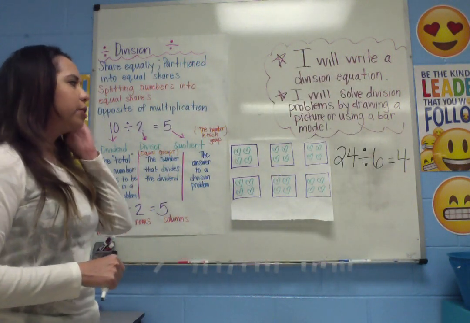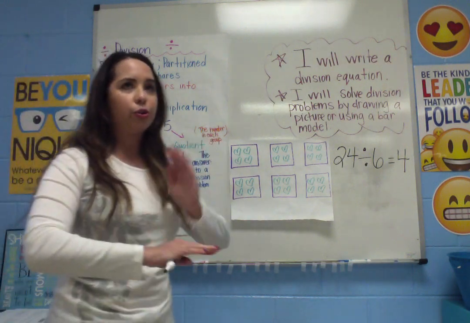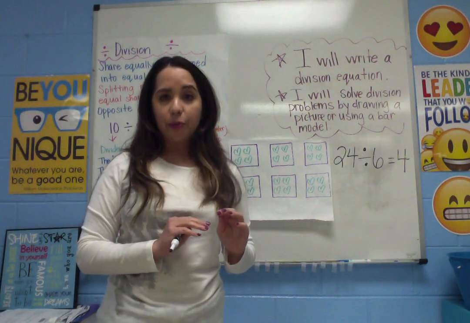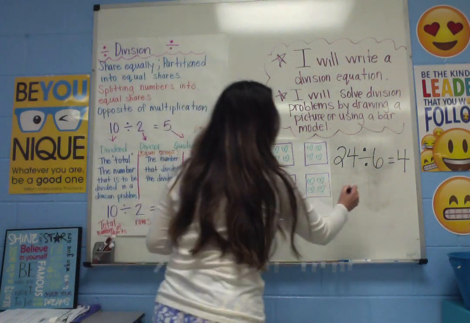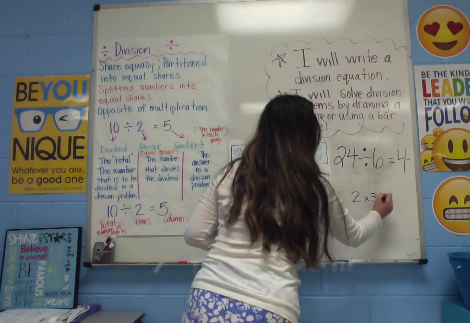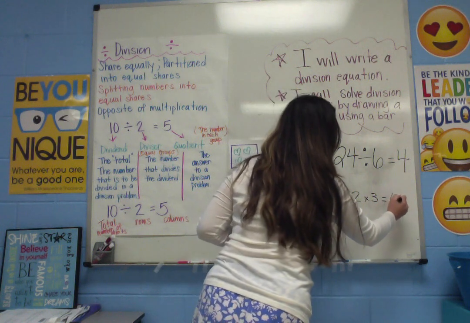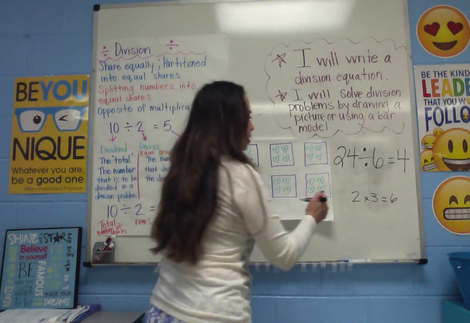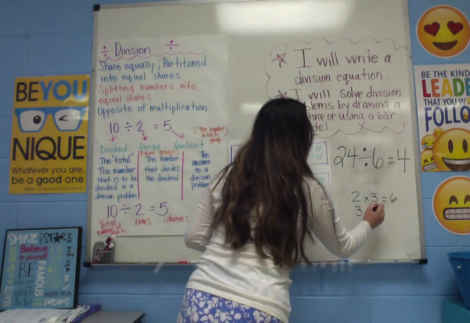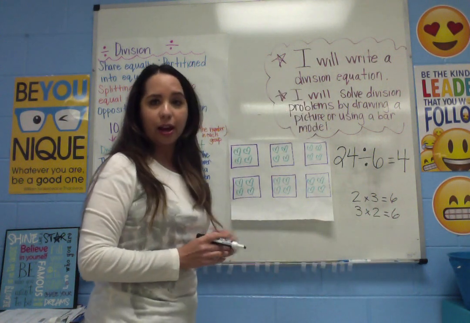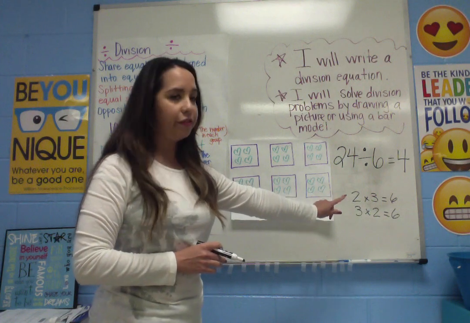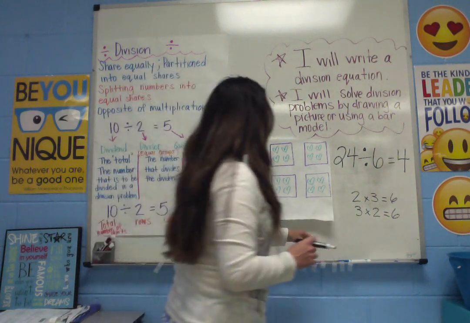Now I want you to think back to multiplication. Remember, in multiplication, we can flip the factors. For example, 2 times 3 is 6. We can also flip these numbers, 3 times 2, and we will still get the same answer. I want you to remember that. We can flip those factors and get the same answer. So watch this.